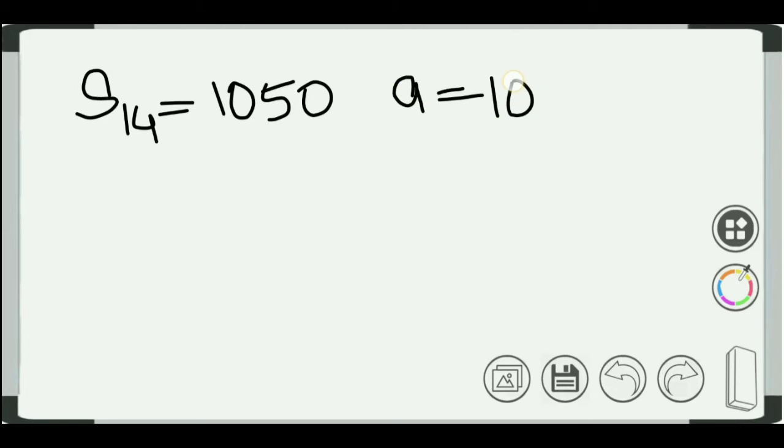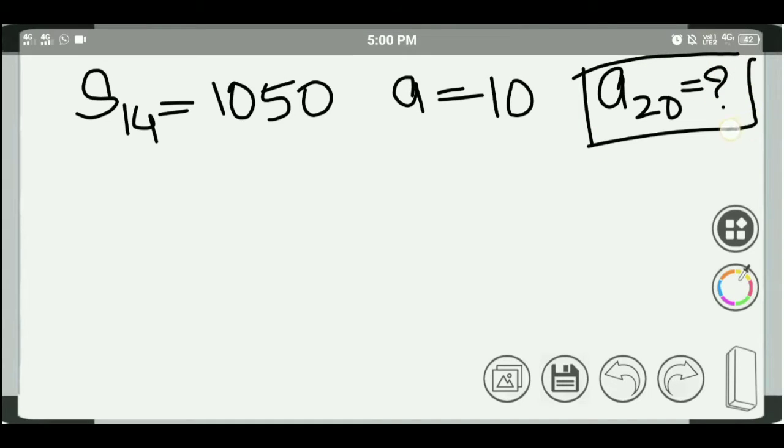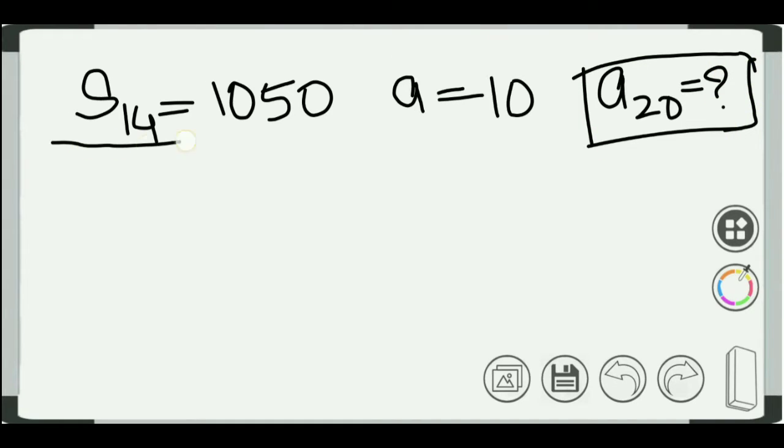What we need to find here is the 20th term, that is a20. So in this case, they have given the sum value and also the first term. We need to find a20, that is the 20th term. For that, we need to know what is d.